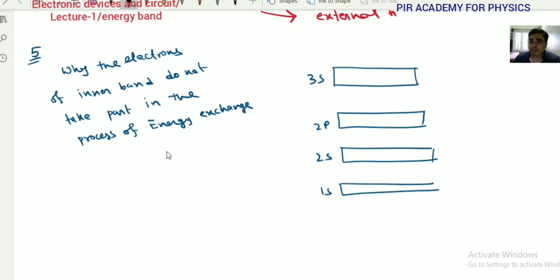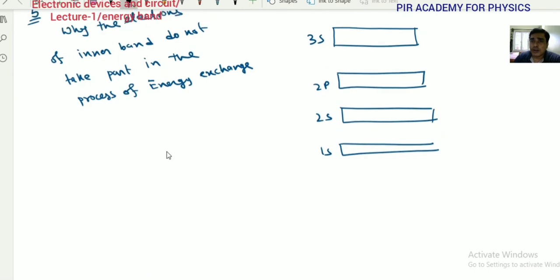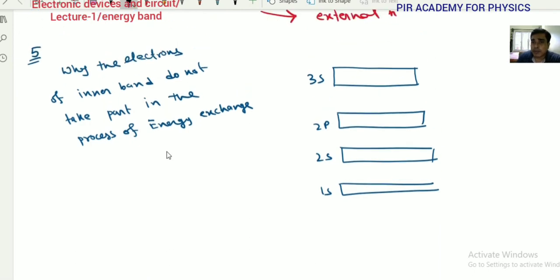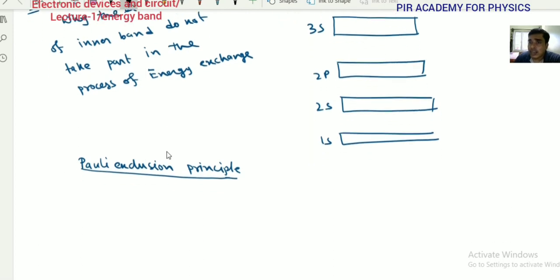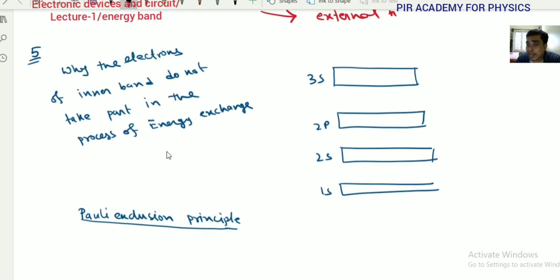Now according to the Pauli exclusion principle, the electrons are accommodated by this energy level.